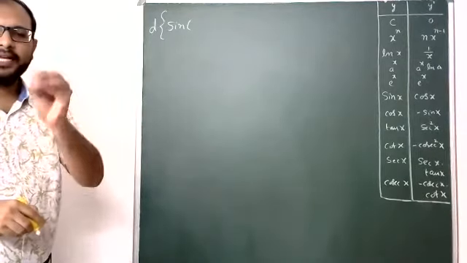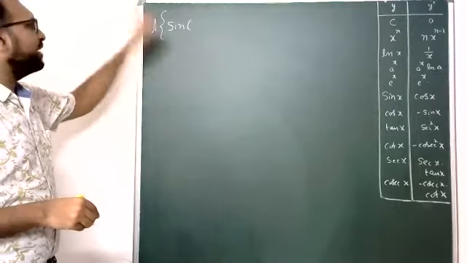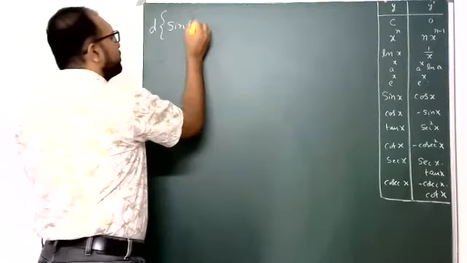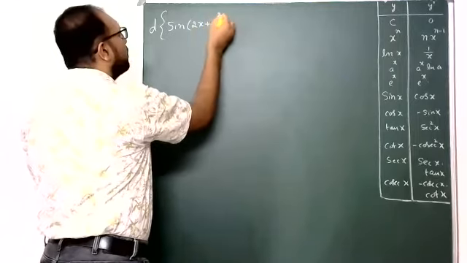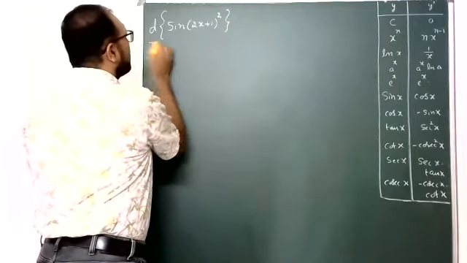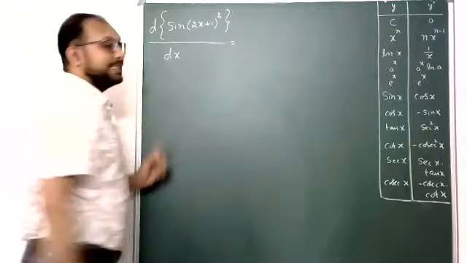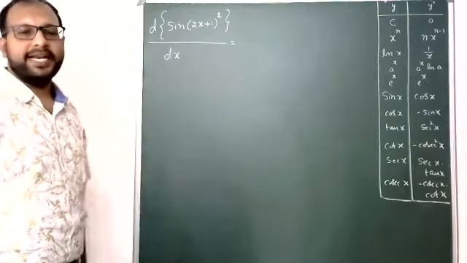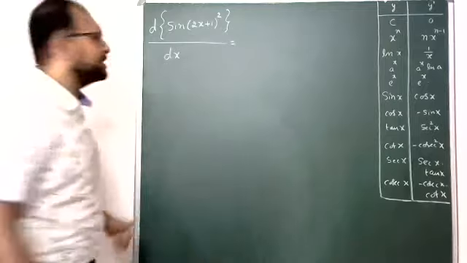Sine x directly cos x. So x already we know, but now here one function. Suppose (2x plus 1) whole square with respect to x. This derivative, students, now we need. How to find its derivative? By using the chain rule. Just watch.